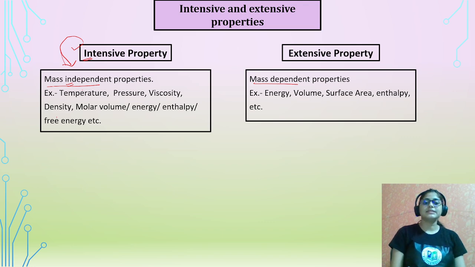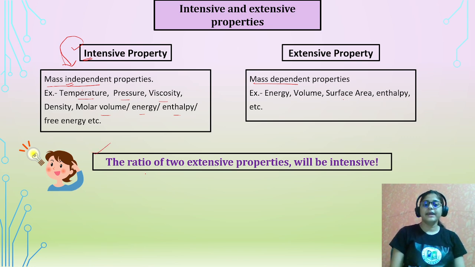Mass independent properties are temperature, pressure, viscosity, density, molar volume, energy per mole, enthalpy per mole, free energy per mole, etc. And extensive properties are energy, volume, surface area, enthalpy, etc. Extensive means depends on mass.